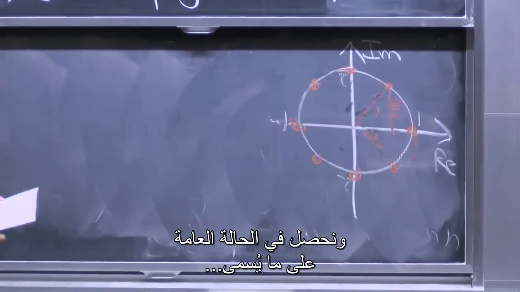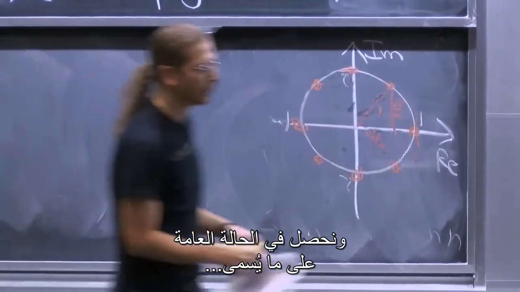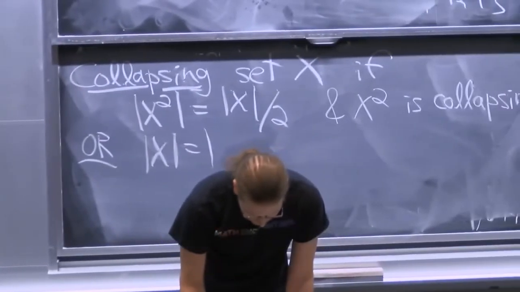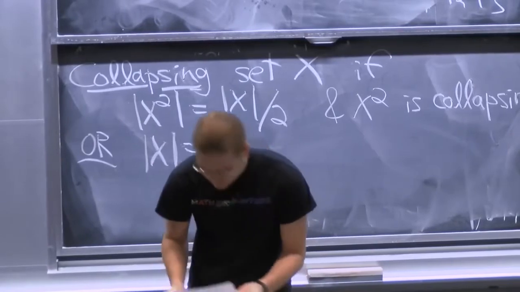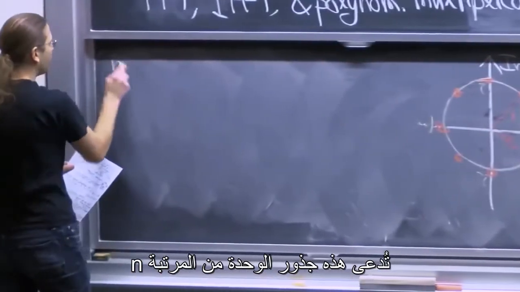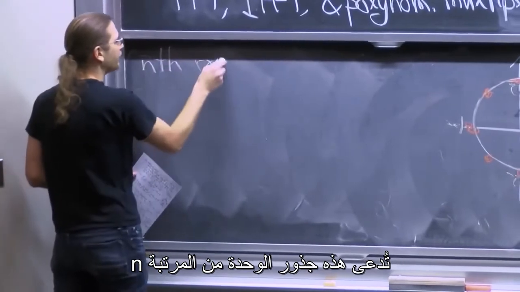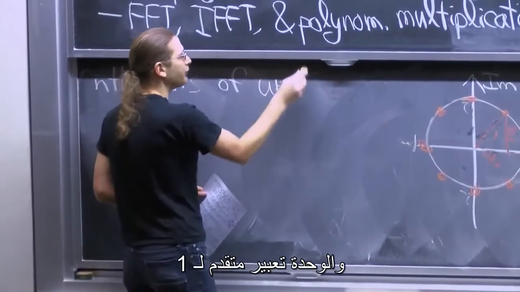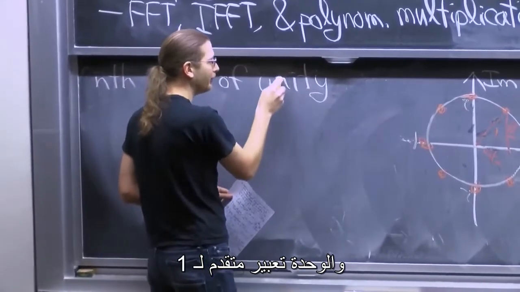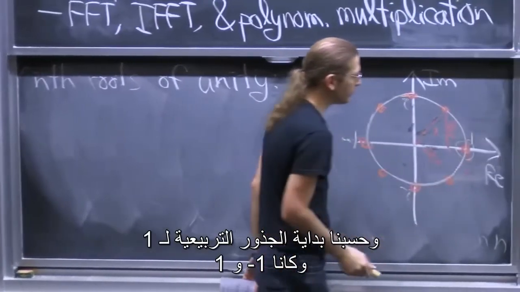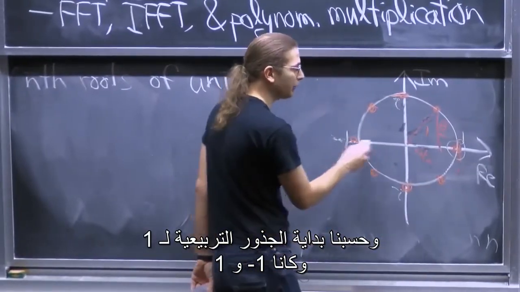In general, we get something called the nth roots of unity. Unity is just a fancy word for 1. 1 is here. And first we computed the square roots of 1. They were minus 1 and 1.